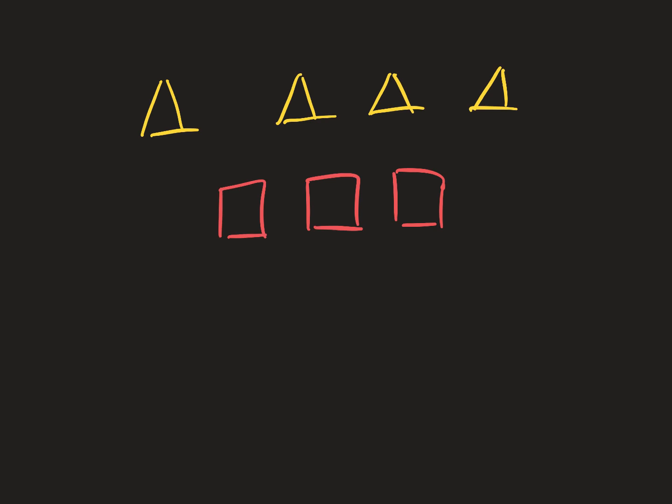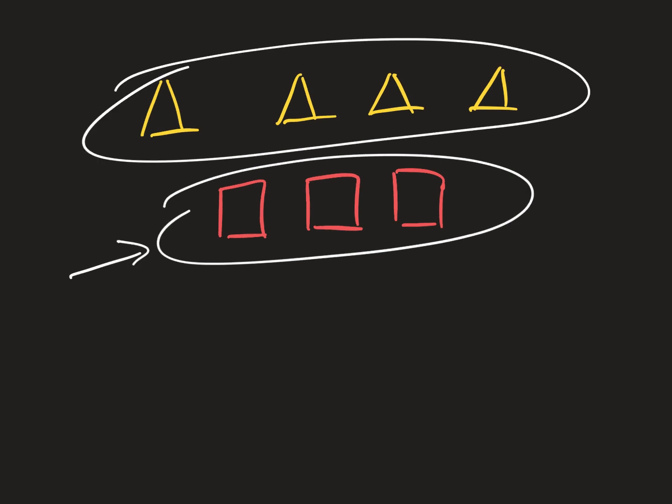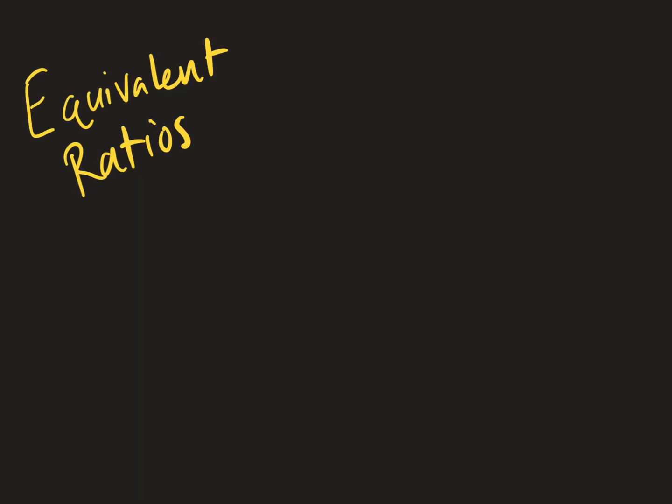So if the question is, what is the ratio of these to these, I'm going to write this one first, okay? So it's 3 red squares to 4 yellow triangles, or 3 to 4, or 3 over 4. All of these are correct ways of writing a ratio, a comparison of 2 quantities.